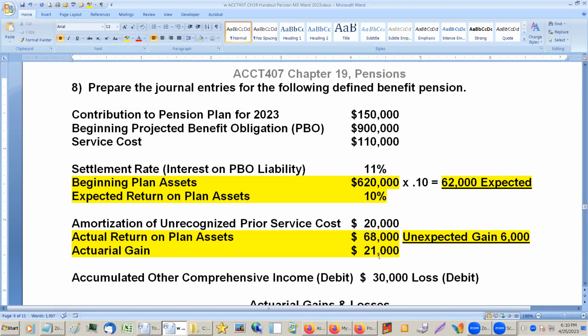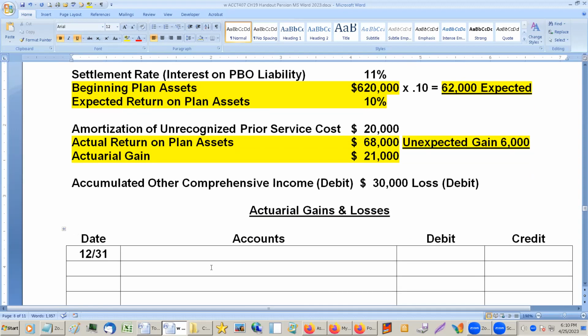All right. So let's take a look here. We have a gain of 27,000. Okay, so pension asset liability. We have a debit of 27,000.